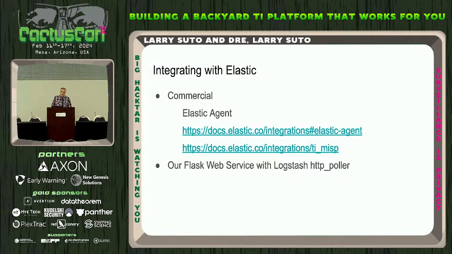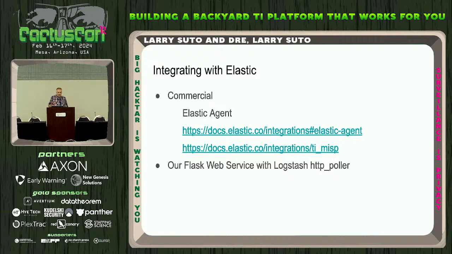As part of the GitHub, I actually wrote a Flask web service that lets you customize searches using the MISP API, and it will do custom searches for you against a MISP instance. That will be in the source code. You can run that as a web service and use curl against it.